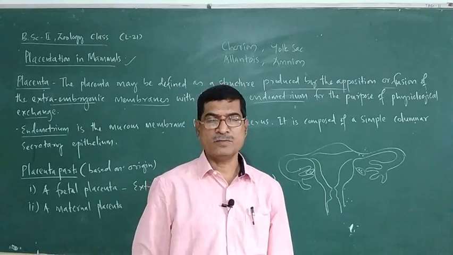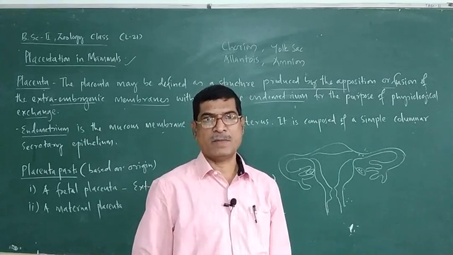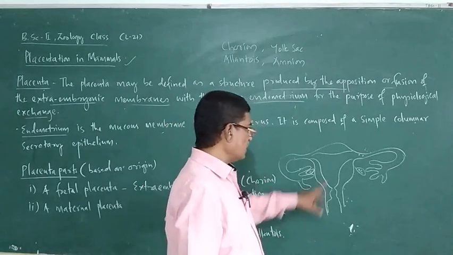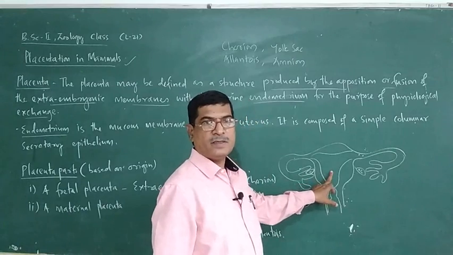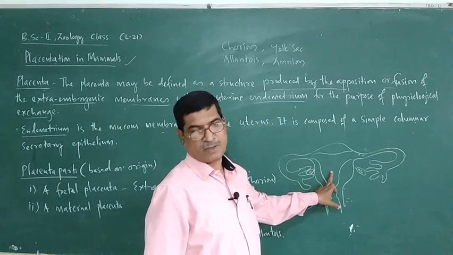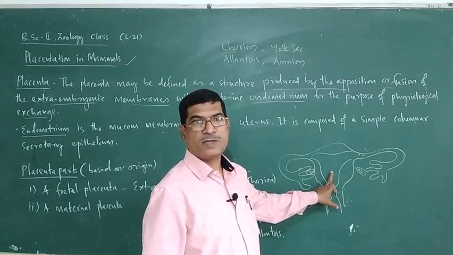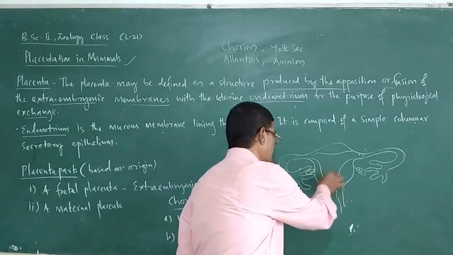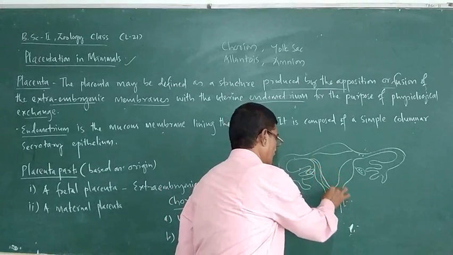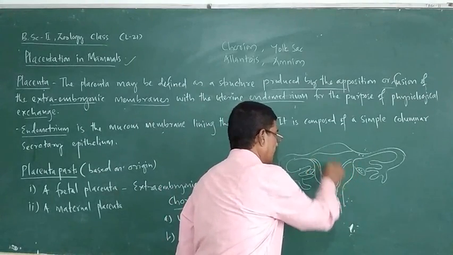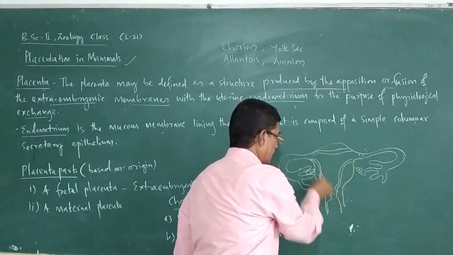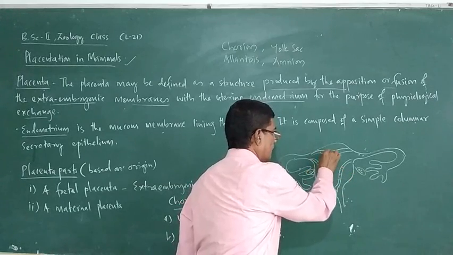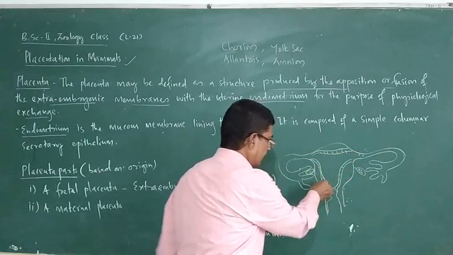Human beings belong to class Mammalia, mammals. We are mammals. So inside the uterus cavity, the embryo starts to develop, the fetus starts to develop. So for its development, it has to be attached to the wall of the uterus. This internal wall of the uterus is called endometrium.